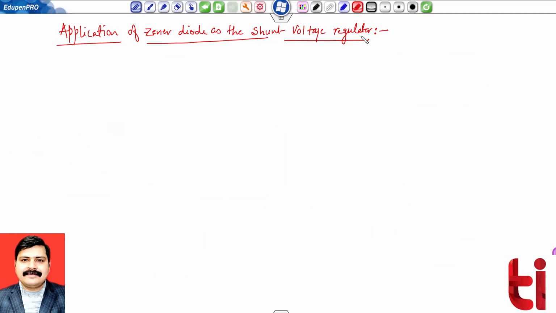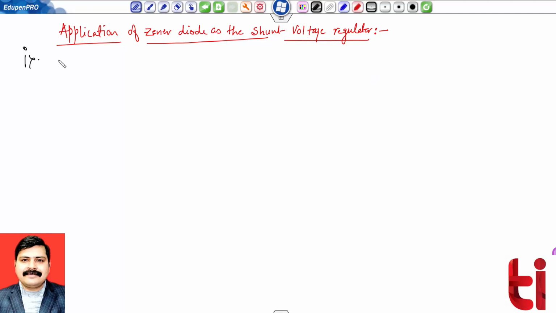Application of Zener diode as a shunt voltage regulator. So if we are not having a pure DC supply at the output, then this device, Zener diode, can be used to have the fixed DC voltage at the output, provided that Zener diode is working in Zener region or in Zener breakdown region. Okay, so there are a couple of cases.